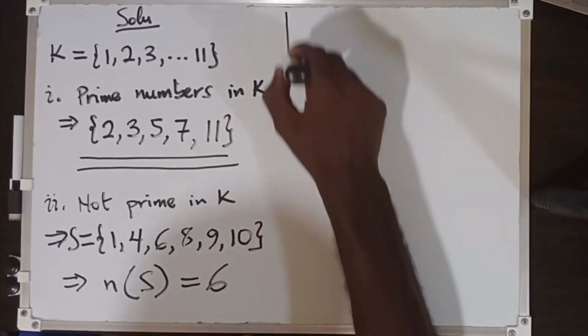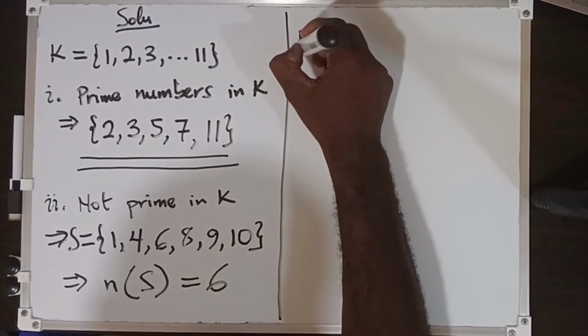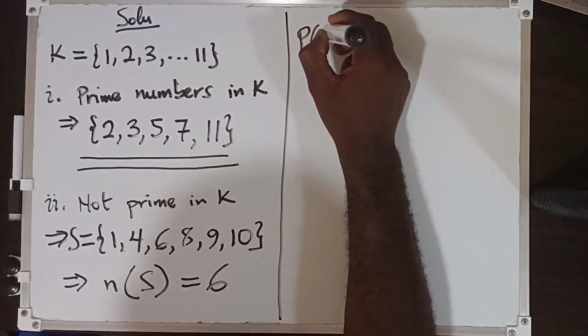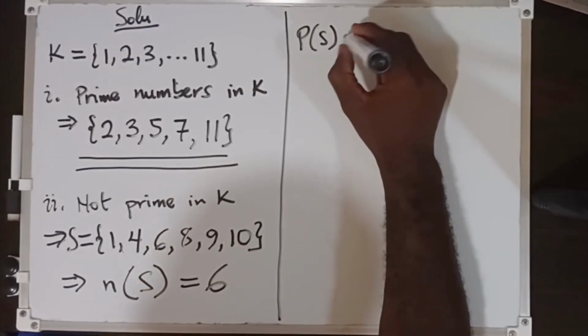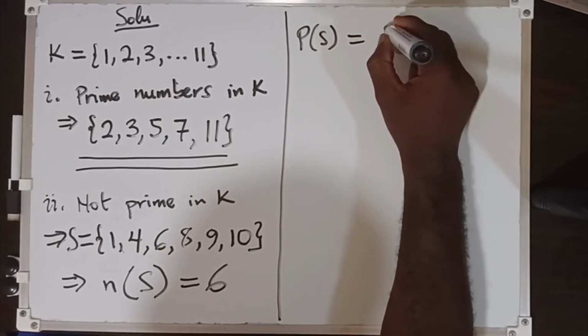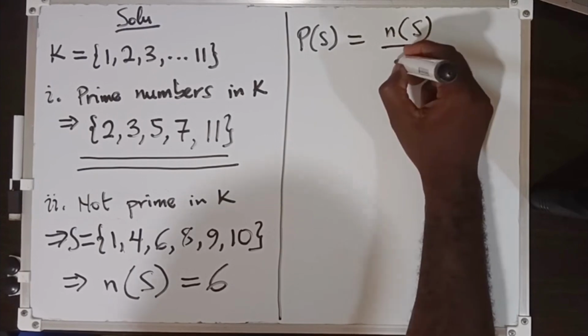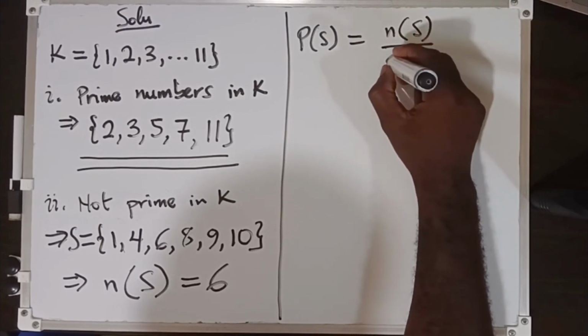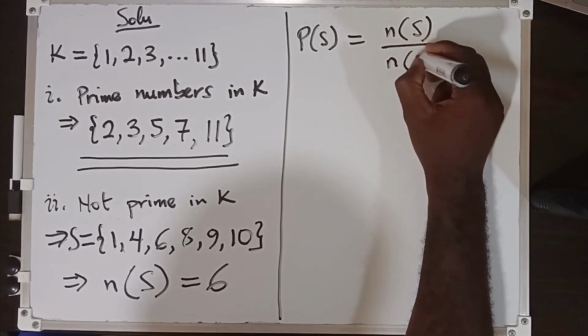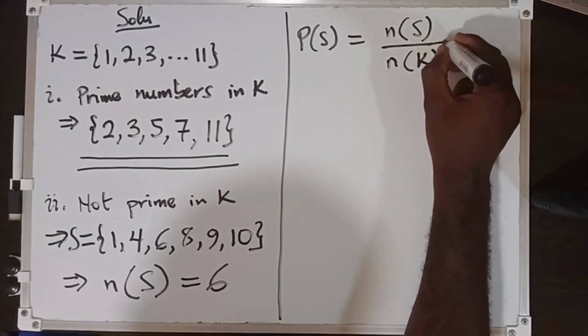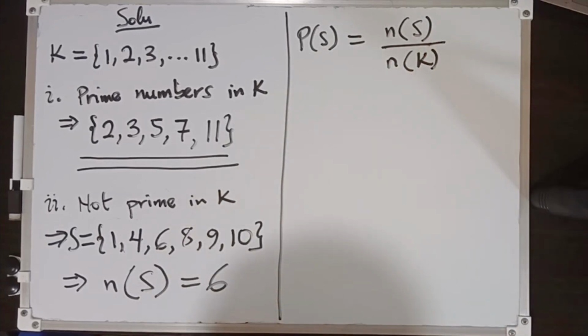And we know that the probability of S is going to be the number of successful outcomes over the total number of outcomes, which is the total number of elements inside of k.